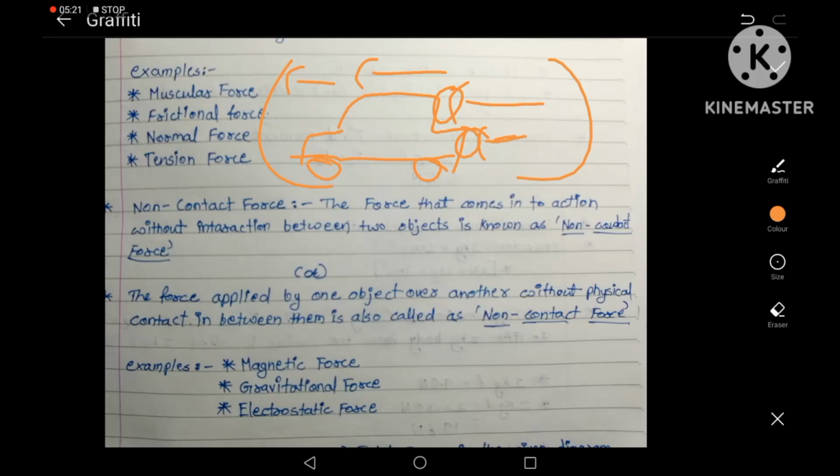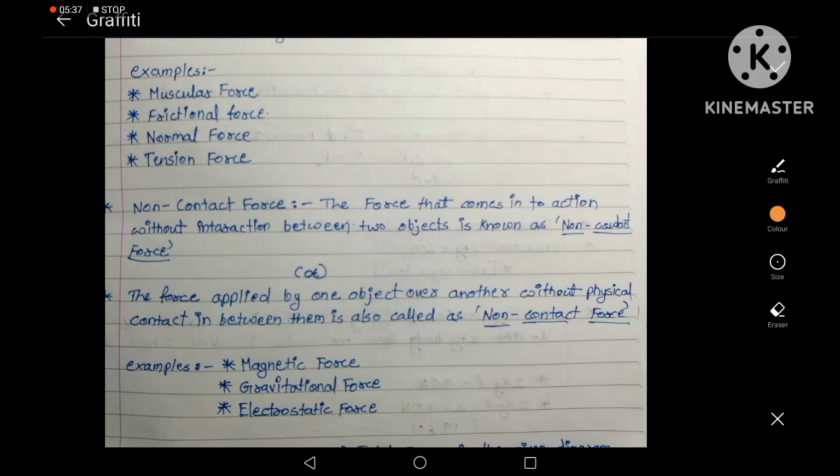So in non-contact force it is the opposite. The force that comes into action without interaction between objects is known as non-contact force. I will give you an example. There is a magnet with north pole and south pole, and there is another magnet with south pole and north pole. These same poles do not attract because they are not opposite.